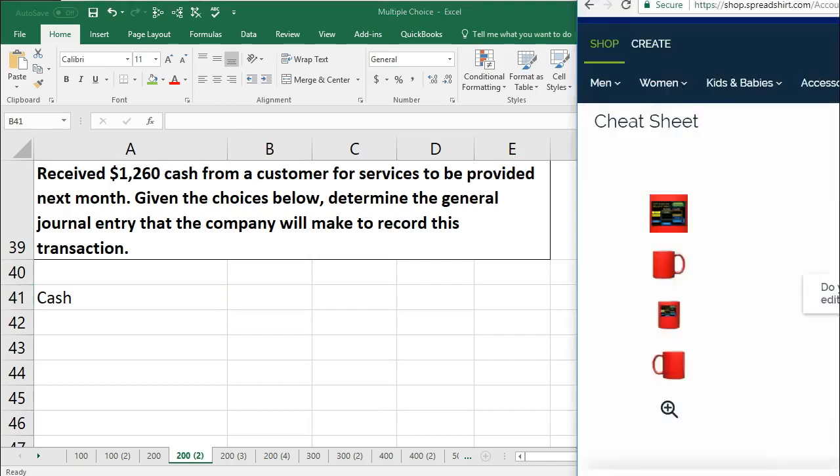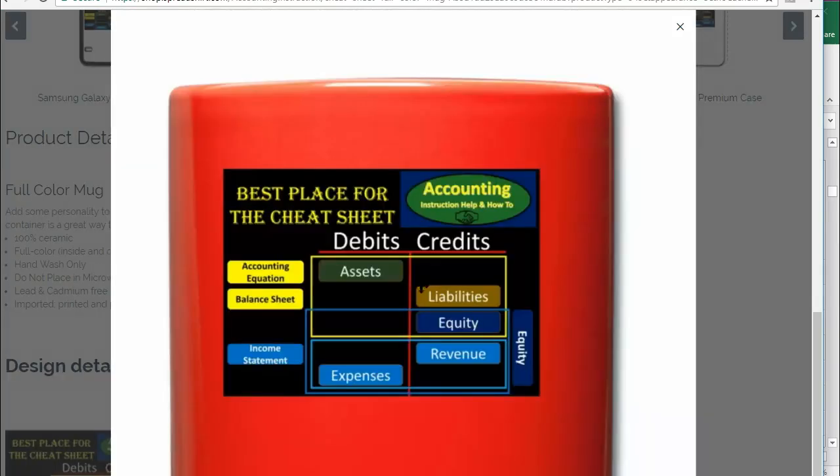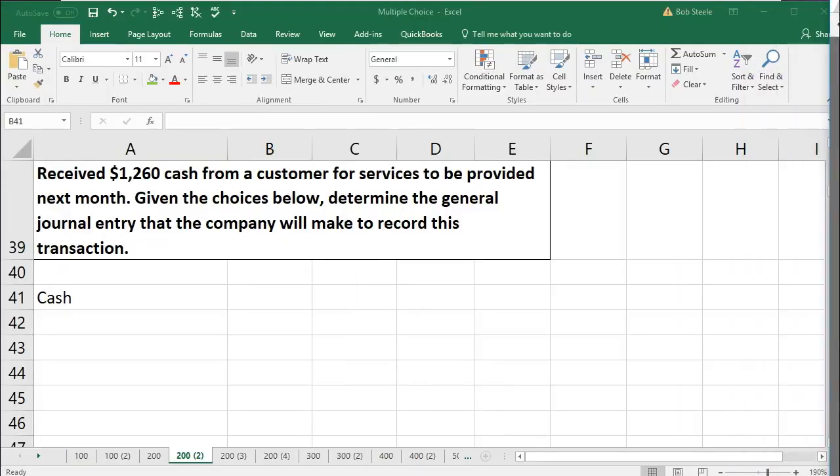We can have it in multiple formats. It looks something like this. You can even get it on a coffee cup here, where you've got the cheat sheet of your debit and your credit accounts, cash being a debit balance account, and therefore we're going to make it go up in the debit direction. So that's what I would recommend doing here.